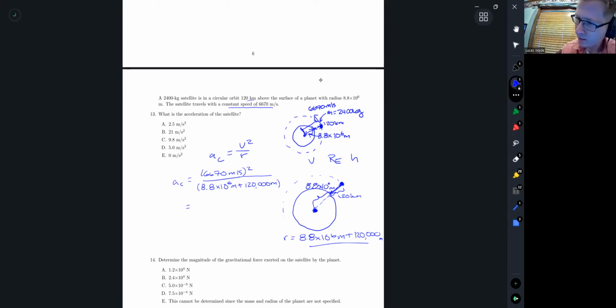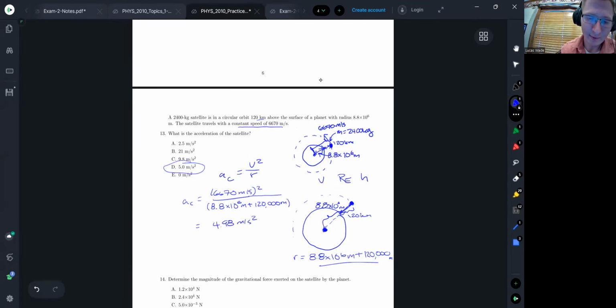Okay, well, I get about 4.98 meters per second squared. So 5 meters per second squared if we're rounding to two significant figures. But again, the numbers are intentionally spaced so far apart that even if you don't worry about significant figures, you should still get the right answer.